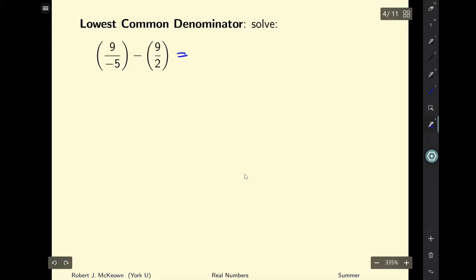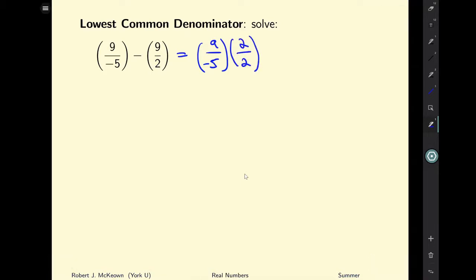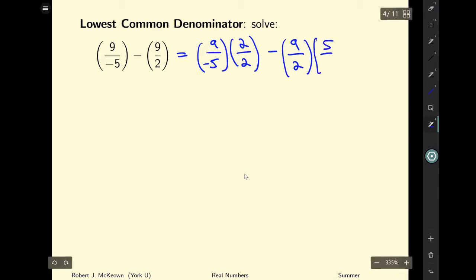And so I've got 9 over negative 5, and I'm going to multiply the numerator and the denominator by 2. I've got 9 over 2, and I'm going to multiply the numerator and denominator by 5. Notice that I'm not worried about the negative sign.